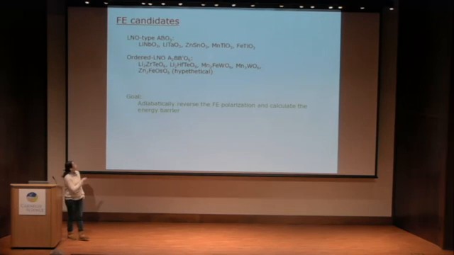And here are those materials that we studied. For the LNO type, we include lithium niobate and lithium tantalate. They are already known ferroelectrics, and a lot of those materials have actually been synthesized. So our goal is to reverse the polarization in those materials and find the energy barrier.